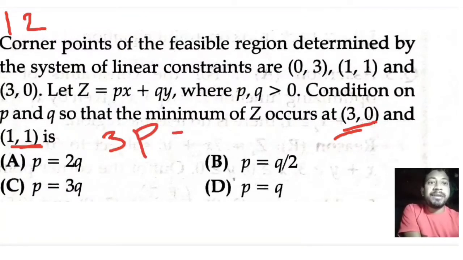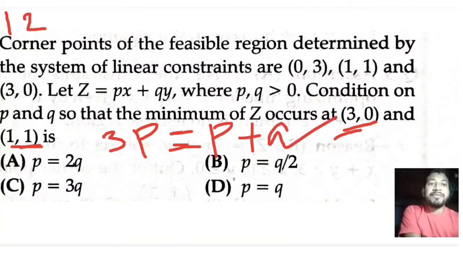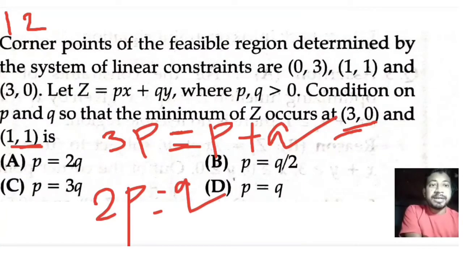The minimum value is the same at both points, so for (1, 1) it will be p plus q. From here we get 2p equals q, so p equals q by 2. So option B is the correct answer.